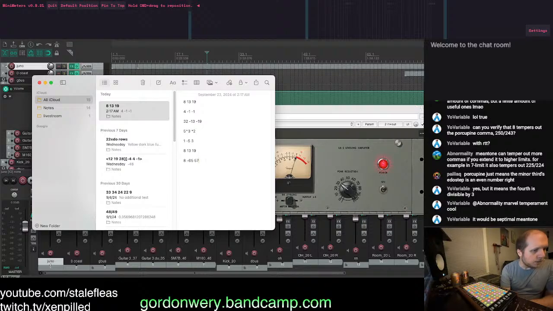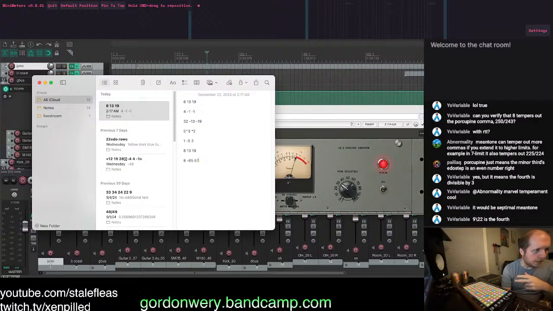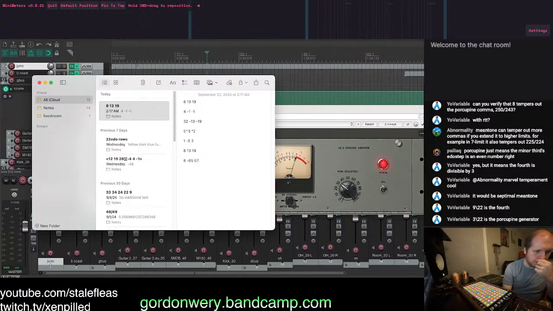And 22, I don't even know my intervals in 22 because I should really learn those. It goes subminor, minor, major, super major, right? So subminor, minor. So be 1, 2, 3, 4.